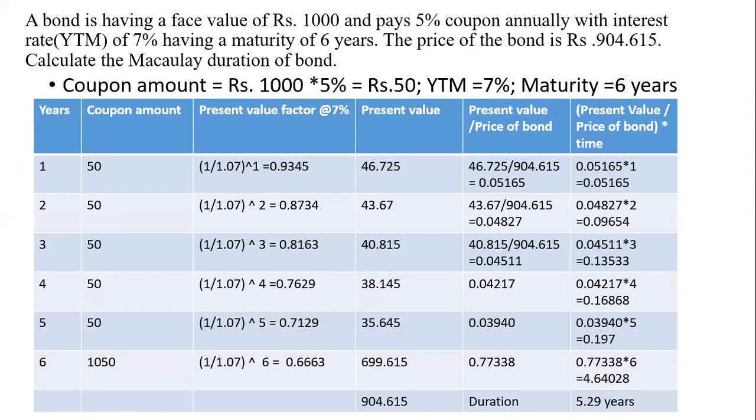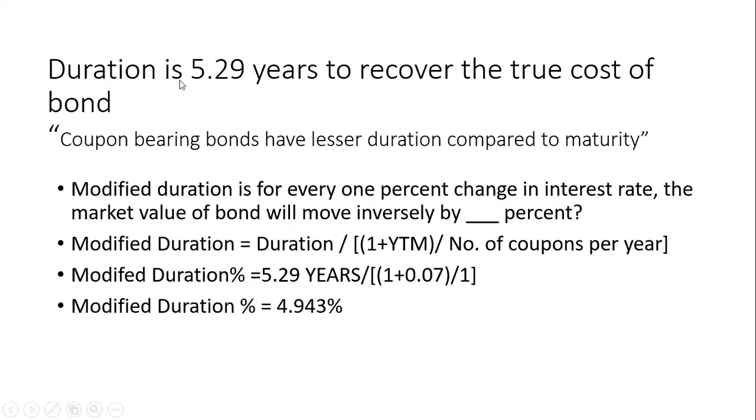After that, we have modified duration. Duration is 5.29. You can recover the true cost of bond in this year. All the coupon bearing bonds are called plain vanilla bonds.